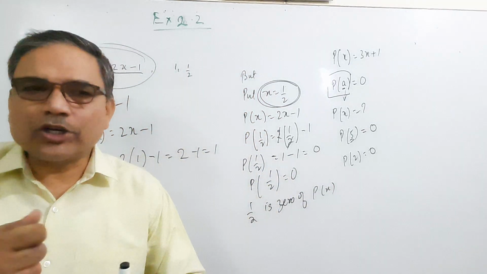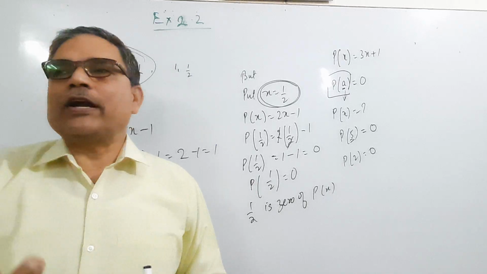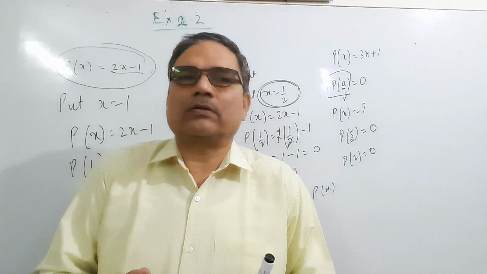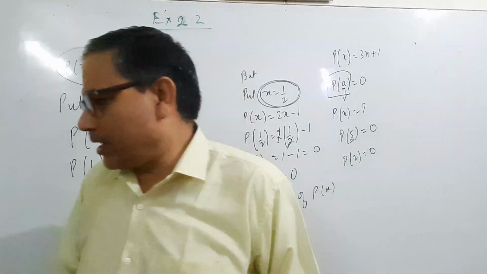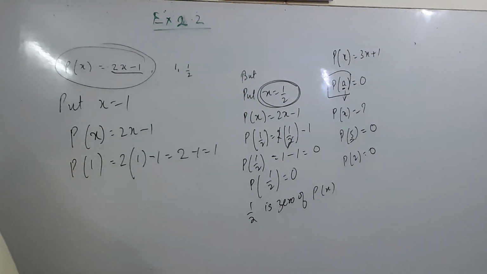But the question is, how can we find the zeros? If a polynomial is given to us and the zeros are not given, how can we find the zeros of the polynomial?